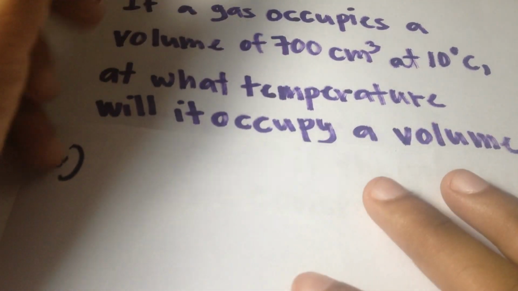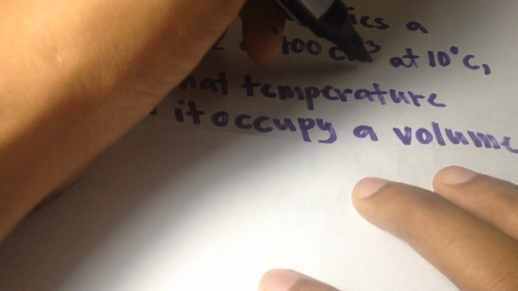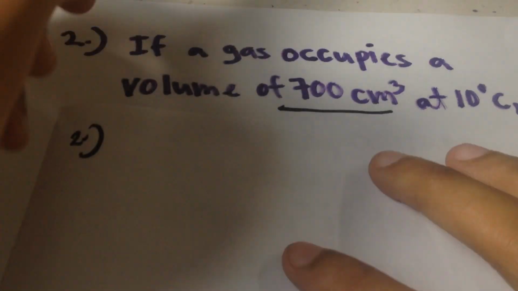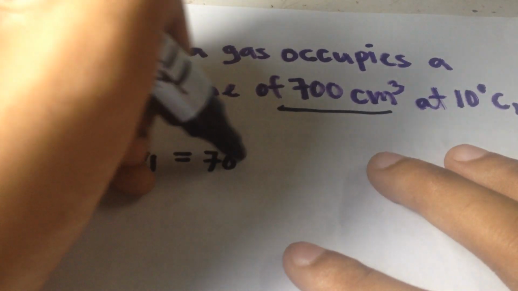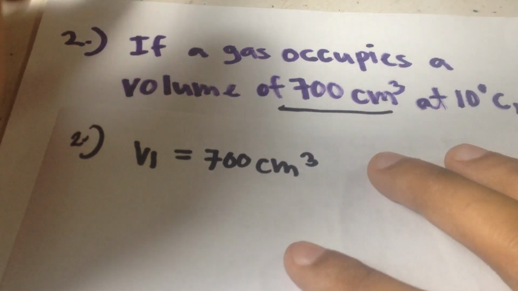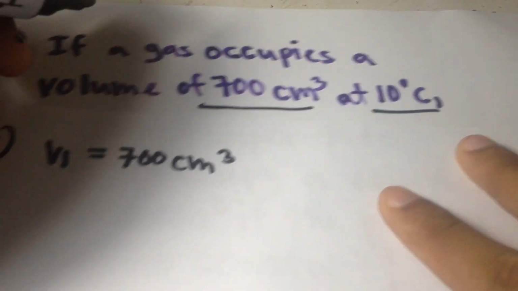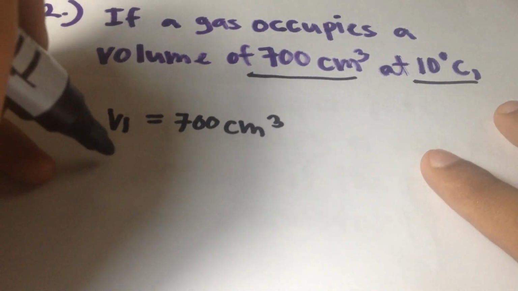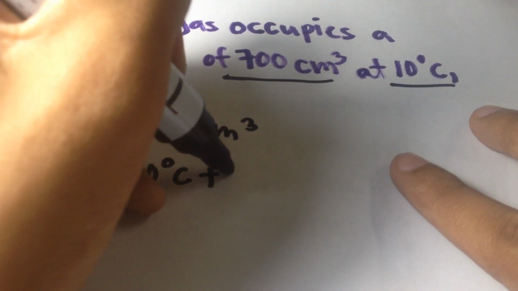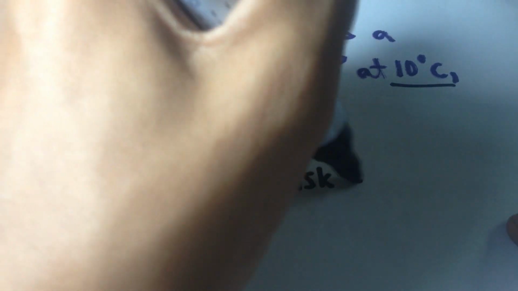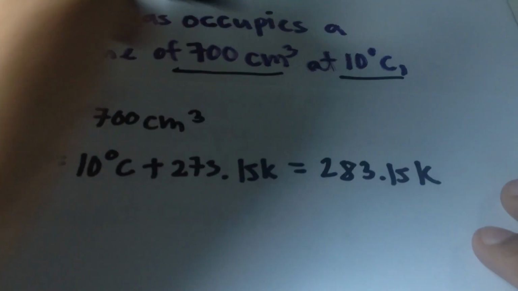In number 2, we have a volume 1 of 700 cubic centimeters. Then temperature 1 is 10 degrees Celsius, so temperature 1 equals 10 plus 273.15 Kelvin, which is 283.15 Kelvin.